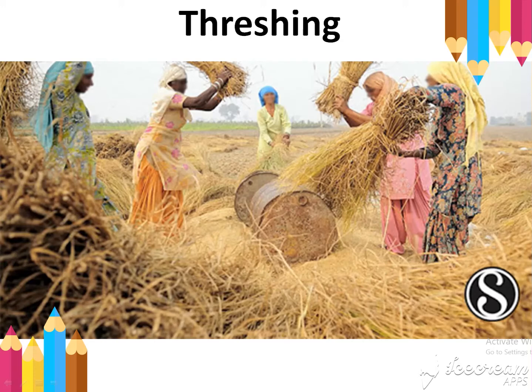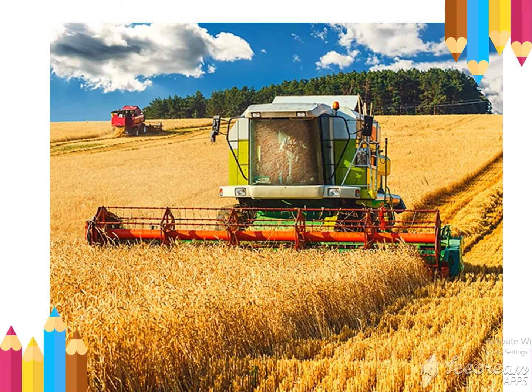For that, they beat the plants on a hard surface so that the grains are collected. Winnowing is also there, and threshing is done by the harvester, the combine harvester.